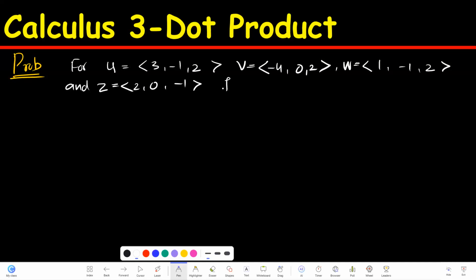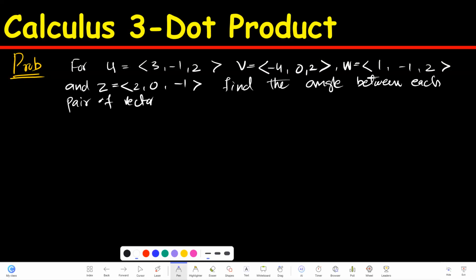We need to find the angle between each pair of vectors. Okay.